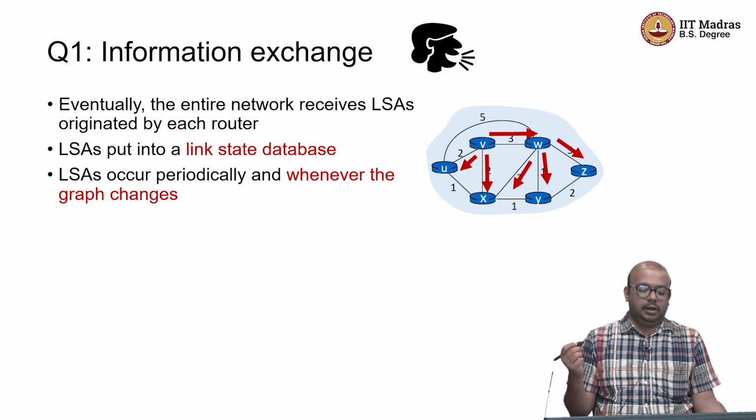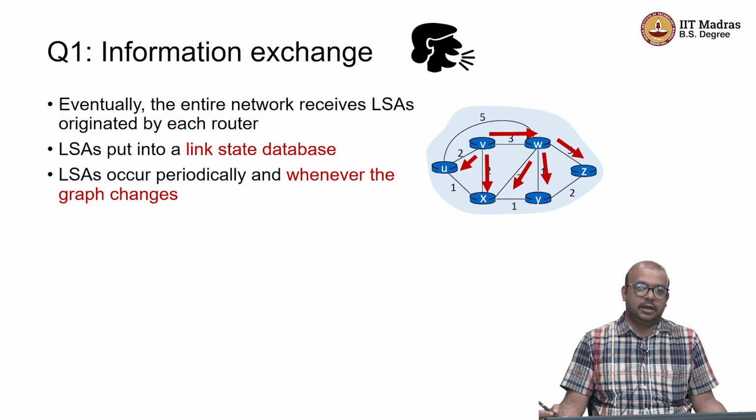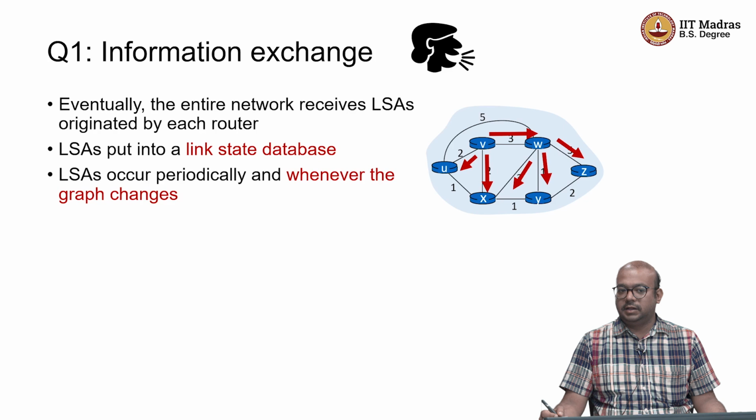So, why periodically? Because every now and then the weight of a link can change, right. So there has to be a mechanism to estimate, let us say, the available bandwidth of the network, which may change, and you really do not have any direct way to figure that out at the IP layer. But periodically you can have some other mechanism to figure those things out, such as whether a particular node is reachable or not, what is the latency, right.